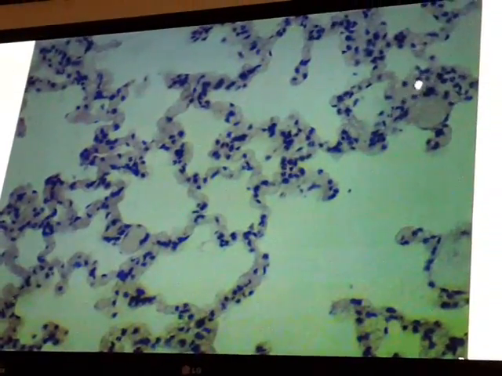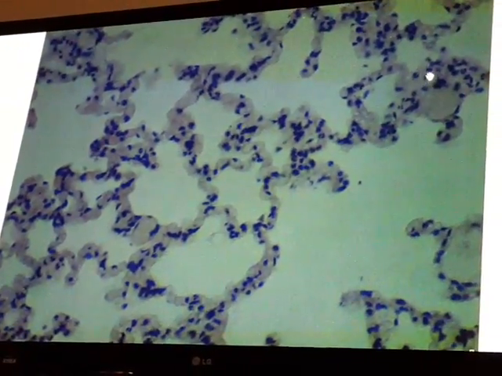While type 2 cells are rounded and found in groups of two or more at the angles between two walls. Right? We have three types of cells, type 1, type 2 and dust cell.